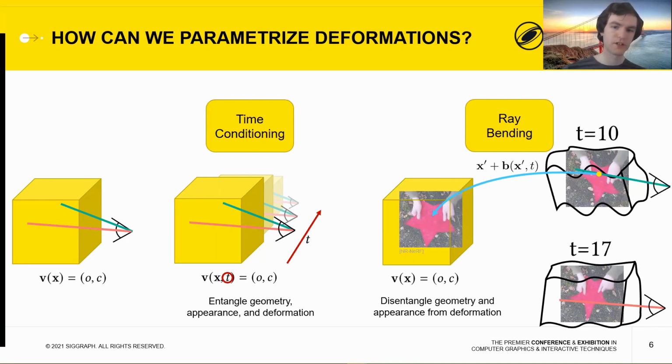We can implement this as a ray bending function B that has the power to offset any point x prime along the ray to give a point x in the canonical volume. This function is conditioned on time, which allows it to map all time steps into the single same static volume. This ray bending is trained jointly with the canonical volume using a reconstruction similar to static NeRF and additional regularization on the deformations.